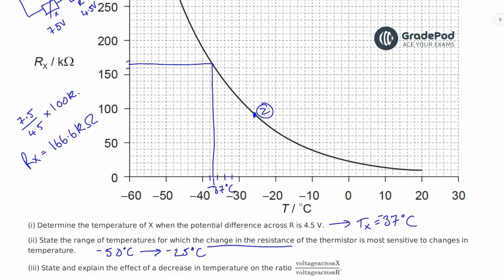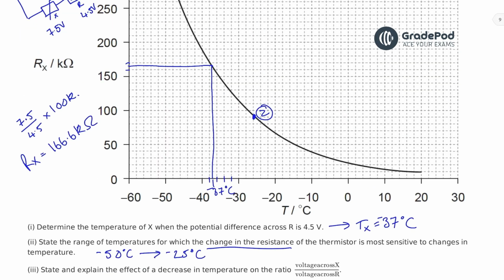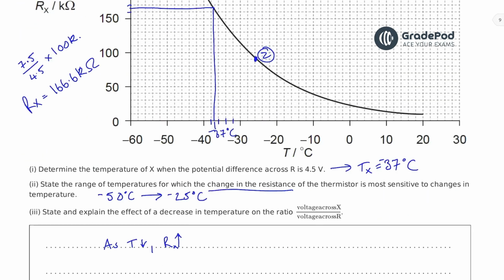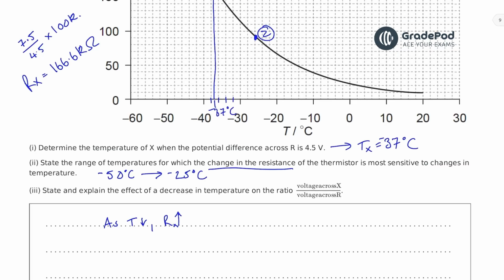Is that right? Yep. That means, therefore, the voltage across X increases, and the ratio of V across X over V across R increases also.